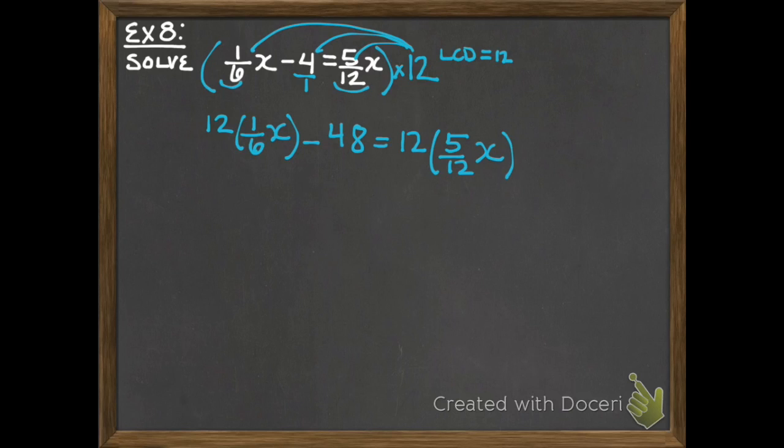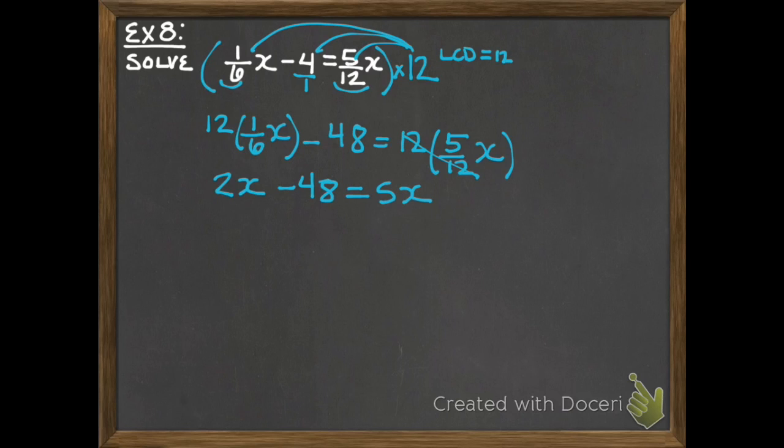So here, 12 divided by 6 actually just simplifies to 2x minus 48 equals, and then these 12s cancel out, so equals 5x. And again, many of you would have probably done that step in your head, but that's okay.